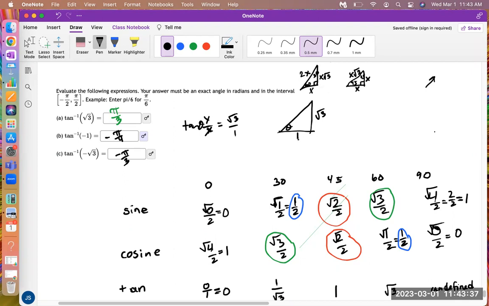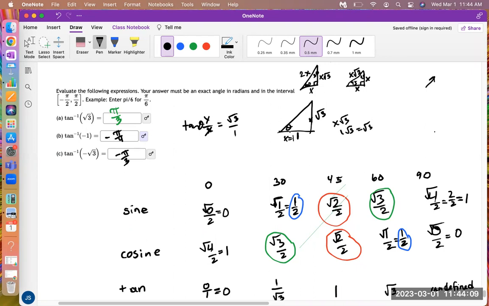So if you have those ratios memorized, you would recognize that there's a √3 here. Does this triangle look more like the 30, 60, 90 triangle, or more like the 45, 45? Well, I have a √3, and the 30, 60, 90 has a √3. One side is x, so x might be equal to 1, and if the other is x√3, then it would be 1 times √3, which is √3, which it is.